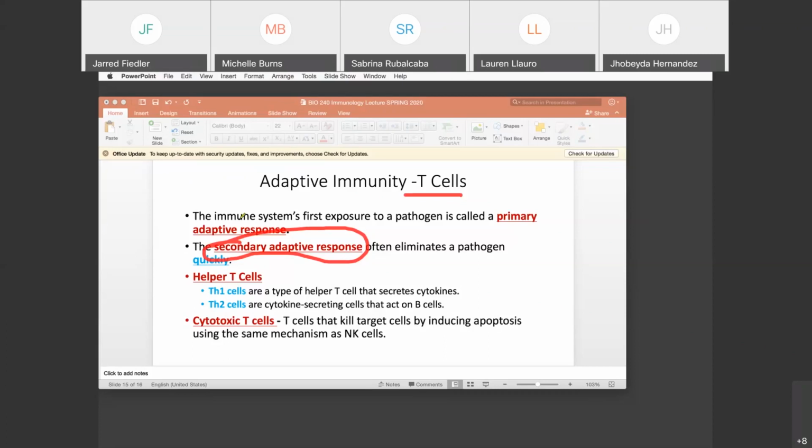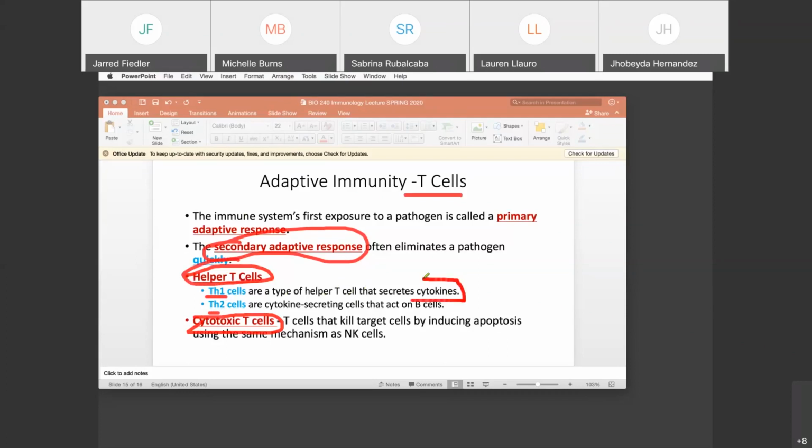Now we have some subsections of T cells. We have helper T cells, and then we have the cytotoxic T cells. Now, there are two types of helper T cells: helper T cell type 1 and type 2. Helper T cell type 1 is the type of cell that secretes cytokines.